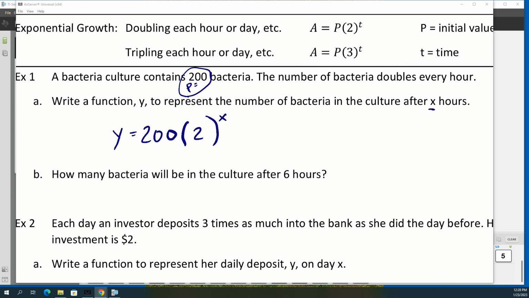All right. And then for B, it asks how many bacteria will be in the culture after 6 hours. So what are we going to do with that 6? Are we going to put it in for y, or are we going to put it in for x? We're going to put it in for x. So y is going to be equal to 200 times 2 to the 6.